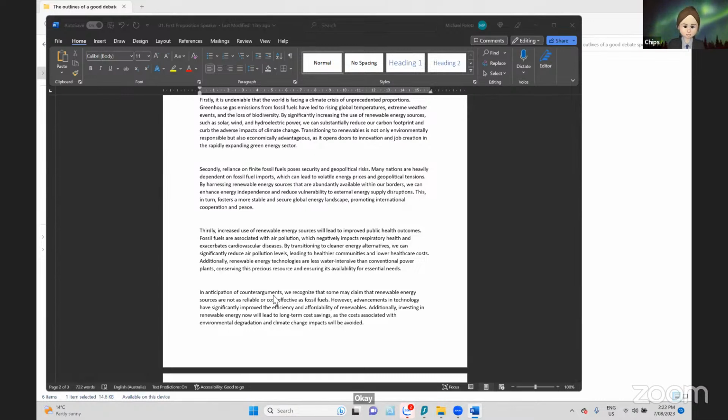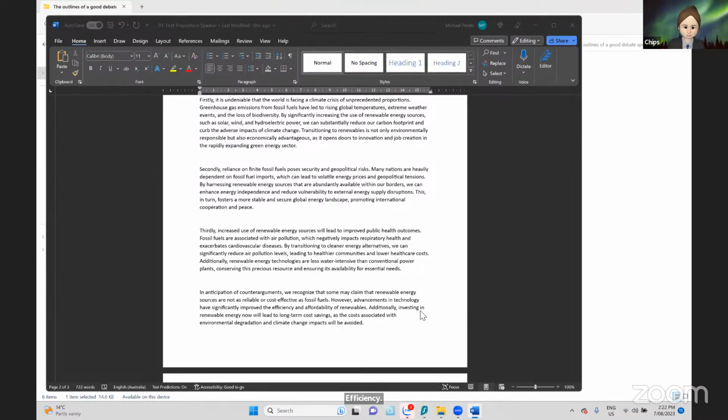In anticipation of counter arguments, we recognize that some may claim that renewable energy sources are not as reliable or cost-effective as fossil fuels. However, advancements in technology have significantly improved the efficiency and affordability of renewables.